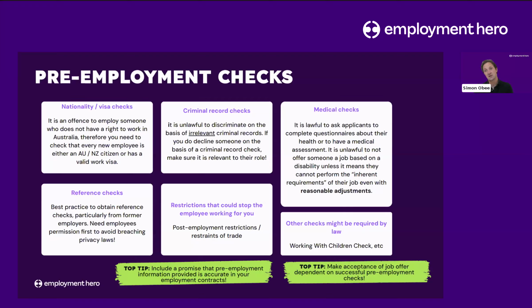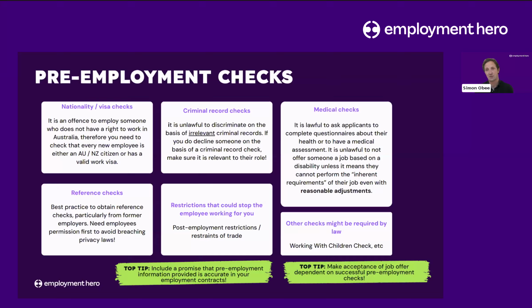Therefore, you need to ascertain that they are either an Australian or New Zealand citizen. If they are, then they automatically have work rights to work here. But if they are a citizen of another country, then you will need to check that they have a valid visa to work in Australia.